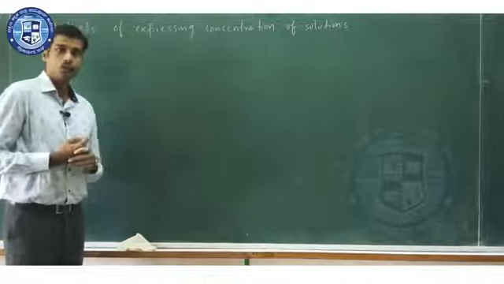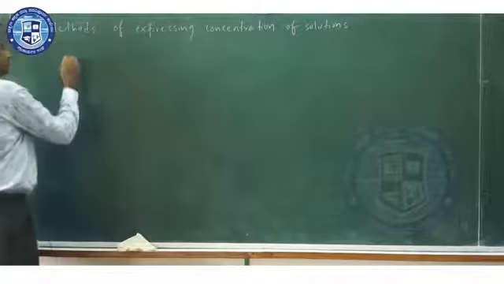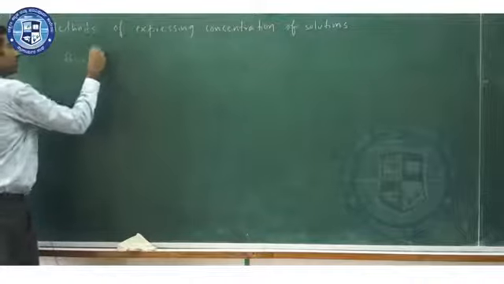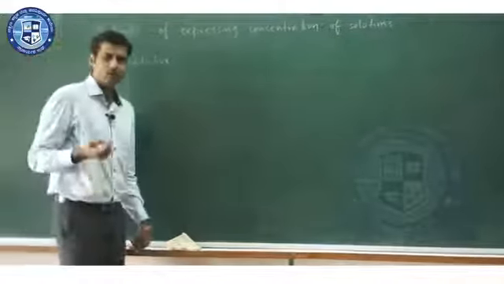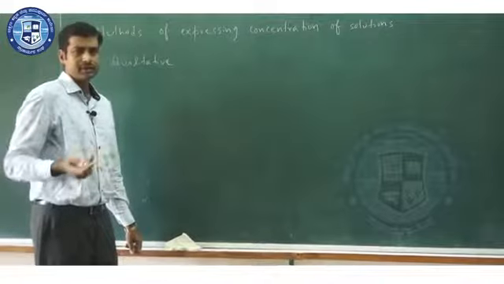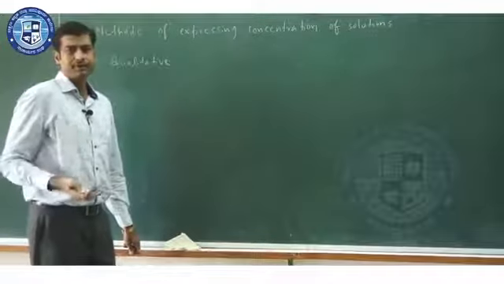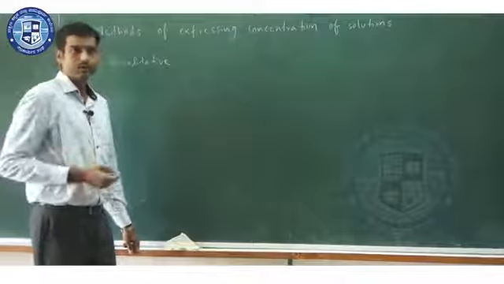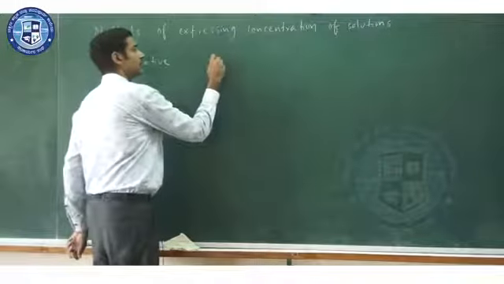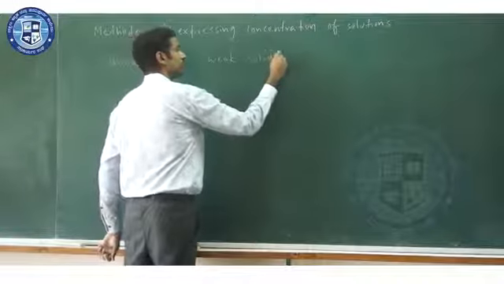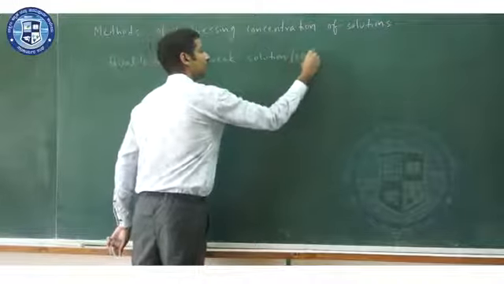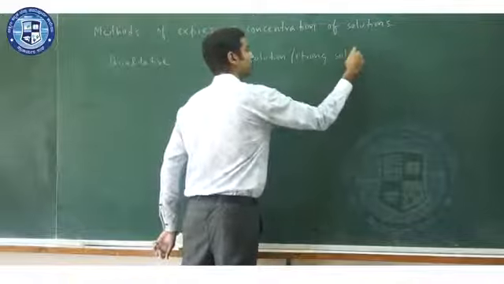It can be expressed in two ways. One is the qualitative method. What do you mean by qualitative method? You just tell that less amount of solute is dissolved or more amount of solute is dissolved, and hence you might express solutions as weak solutions or a strong solution.